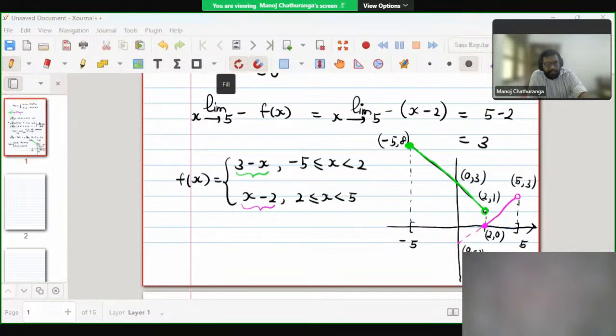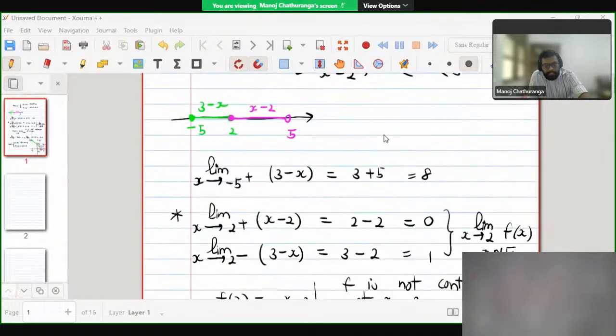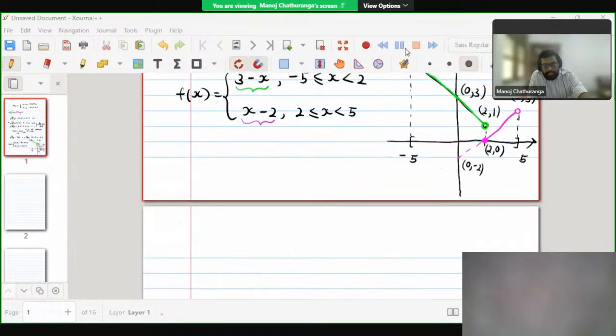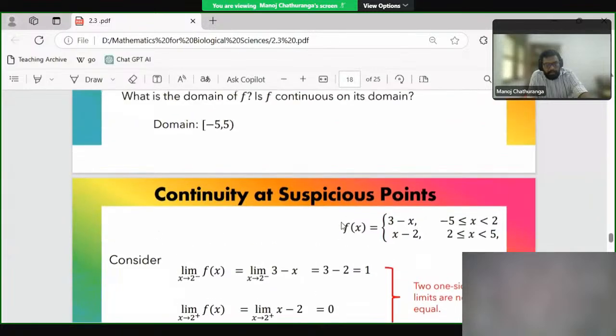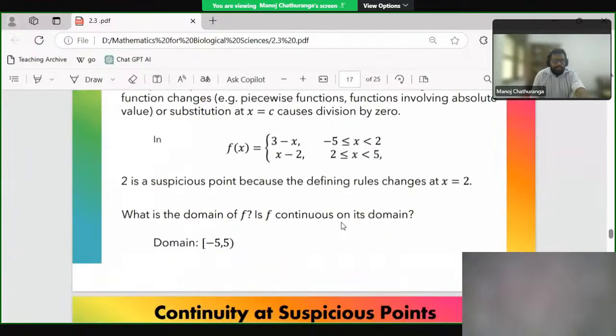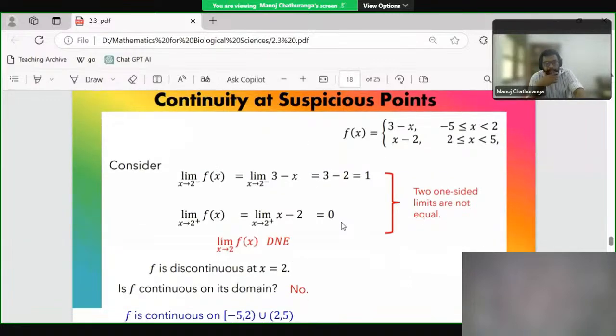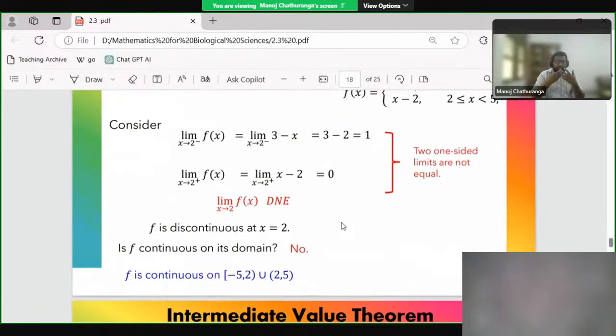The example is not that complicated, but it is very illustrative. It tells us what can go wrong. So we took this function and looked at what happened at the suspicious points, points where the defining rules change.